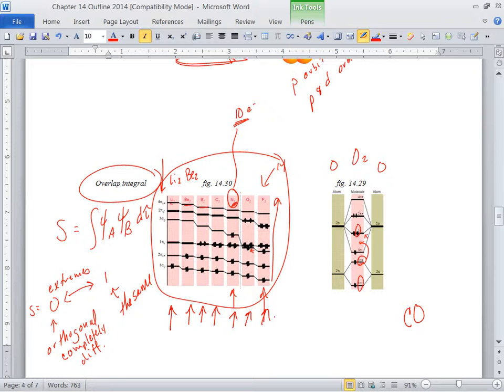Well, CO is how many valence electrons? 10. 4 for carbon, 6 for oxygen, 10 total. So what up here has 10 valence electrons? Nitrogen. So you better use nitrogen. So scribble out N2, write CO, right? You'd have C on one side, O on the other, and get rid of all those g's and u's. But they told you the order. You're good to go. Just make sure you follow that order.